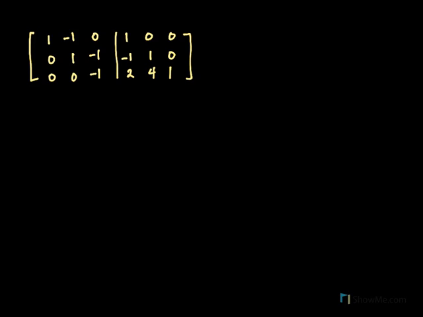Okay, next step, kailangan yung leading entry, yung leading 1 doon sa ating third row natin ay positive 1. Kaya kailangan natin itong i-multiply by negative 1. So, negative R3.